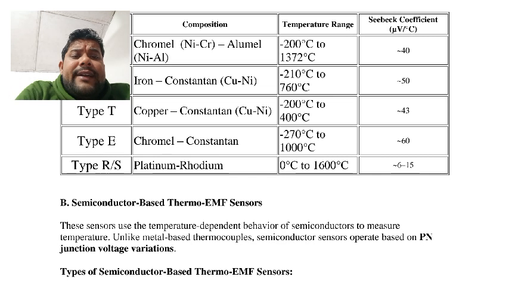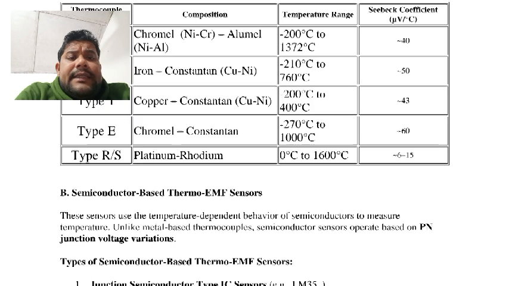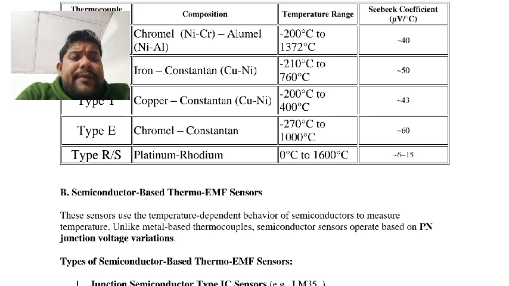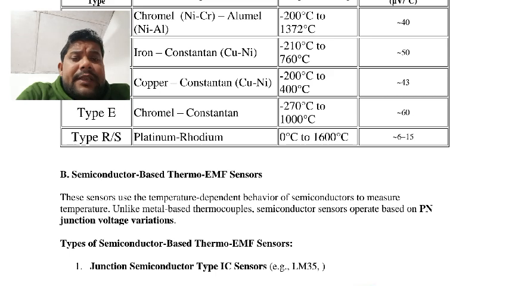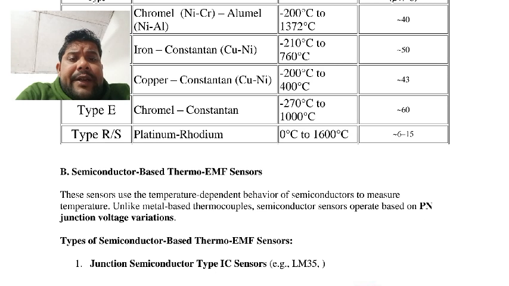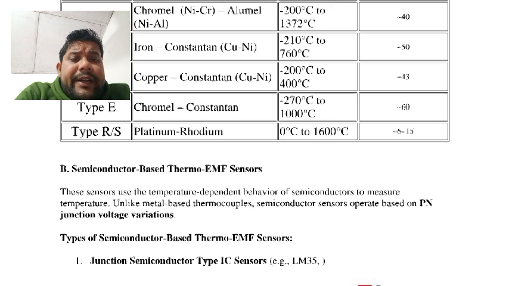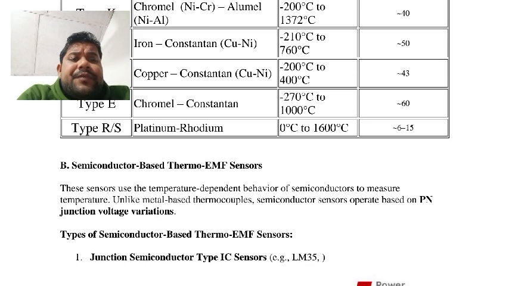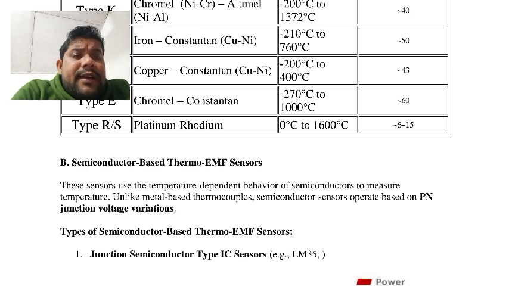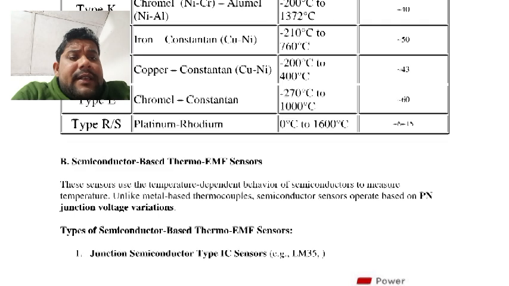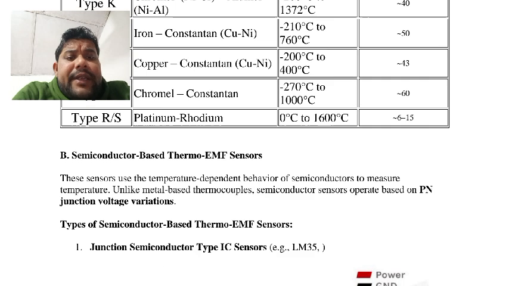D is semiconductor based thermo EMF. These sensors use the temperature dependent behavior of semiconductors to measure temperature. Unlike metal based thermocouples, semiconductor sensors operate based on the PN junction diode.